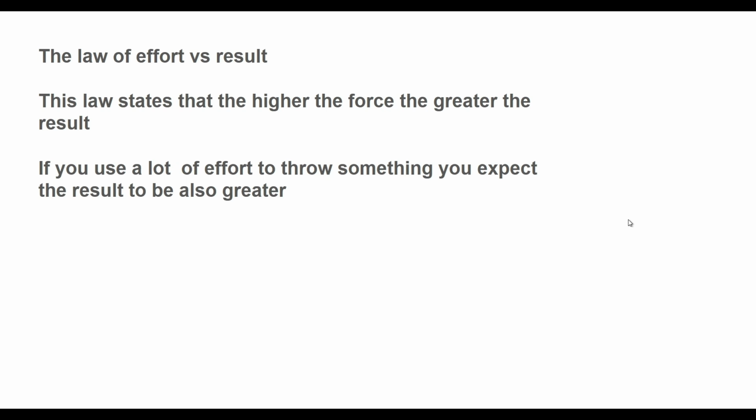Before we talk about volume and spread analysis, you have to understand the law of effort and results. The law of effort and results states that when you throw a ball with a lot of effort, that ball will move at a greater speed and a greater momentum.